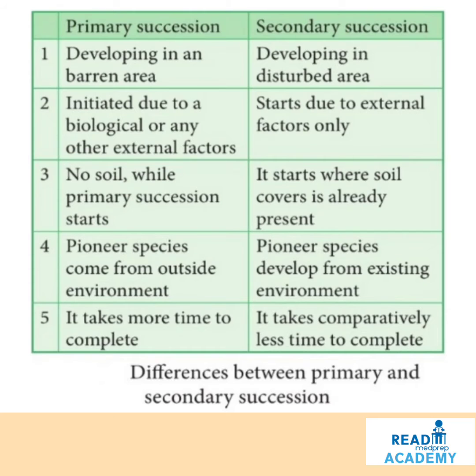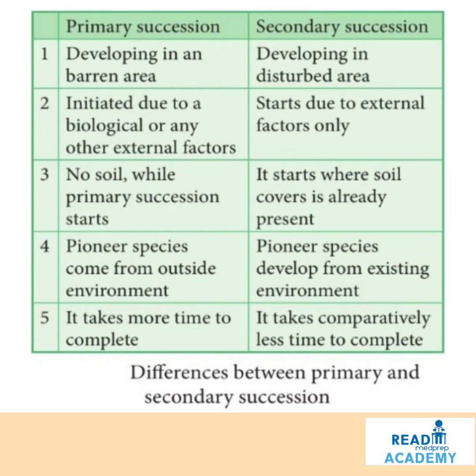So what are the differences between the primary and the secondary succession? Primary succession develops in a barren area, secondary succession develops in a disturbed area. Primary succession is initiated due to biological or any other external factors. Secondary succession starts due to external factors only. In primary succession, there is no soil when it starts, whereas secondary succession starts where the soil cover is already present.